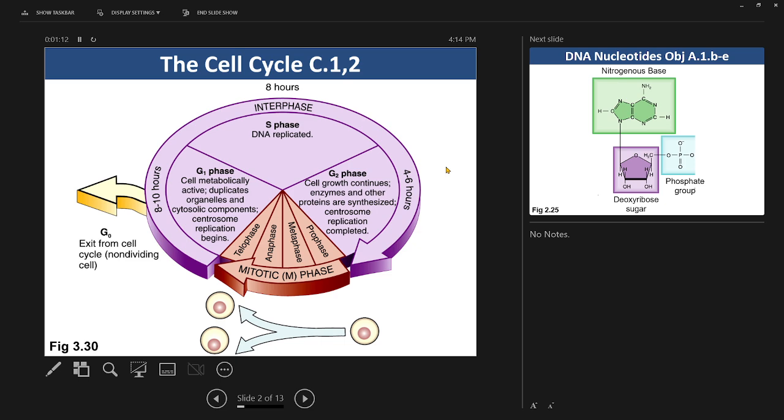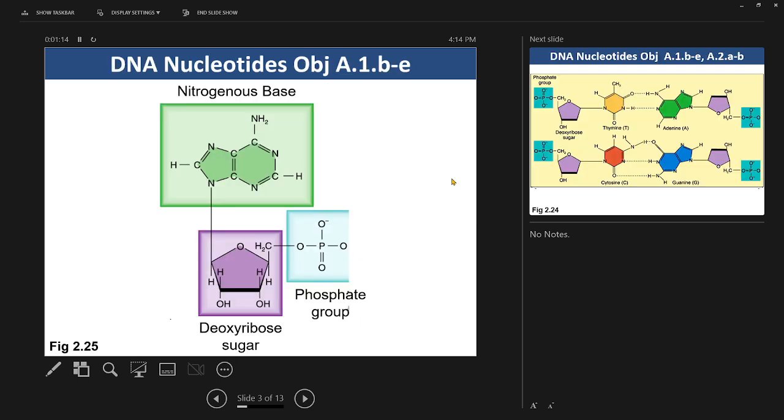So before we get into mitosis, we need to look at DNA just a little bit so that you can remember some of the things that we talked about at the beginning of the semester. So remember, DNA is made out of nucleotides. The nucleotides are built of 3 parts.